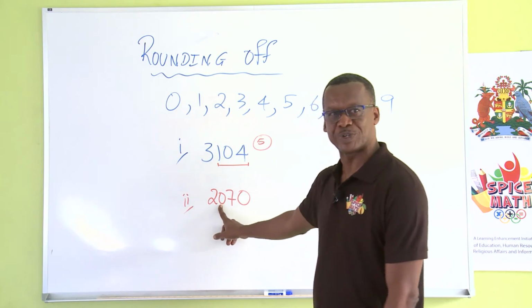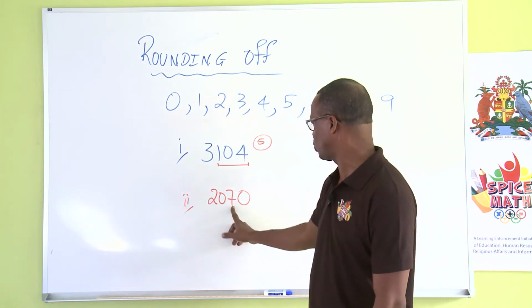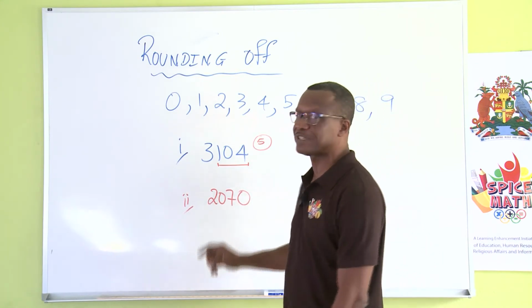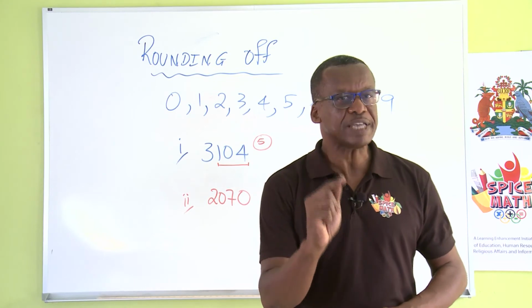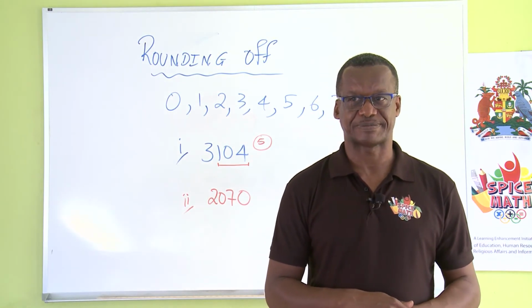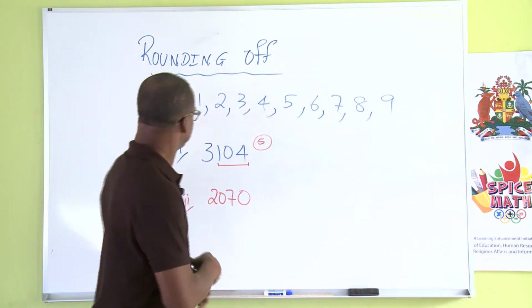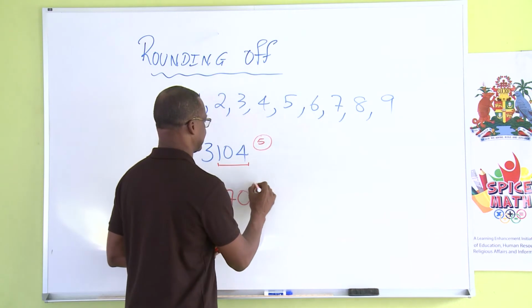The 0 between the 2 and the 7 is also significant because it fits between 2 others. But the 0 after the 7 is not considered significant except the number has a decimal point. So this number, 2070, has 3 significant figures.